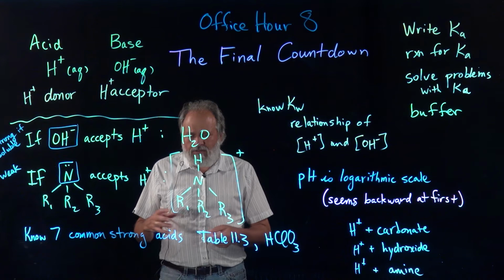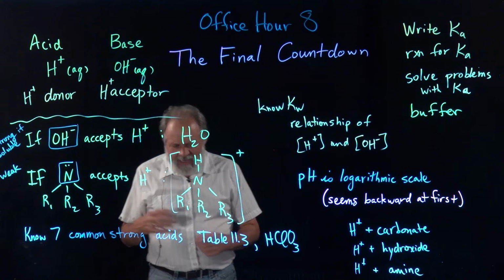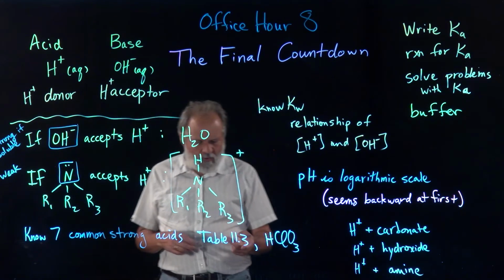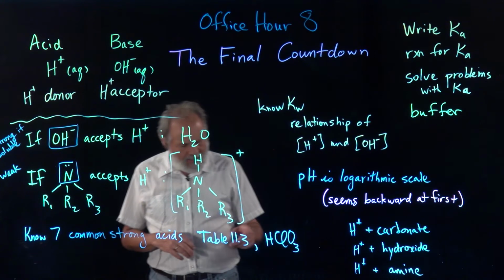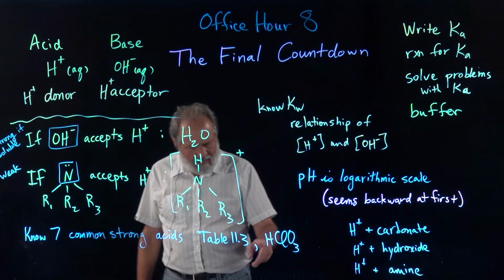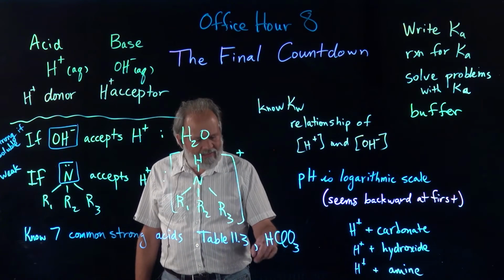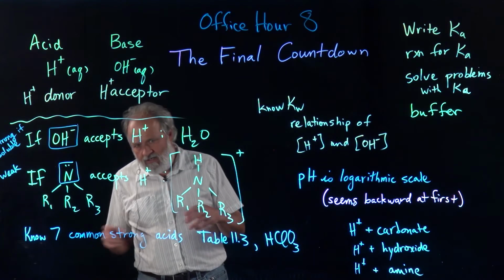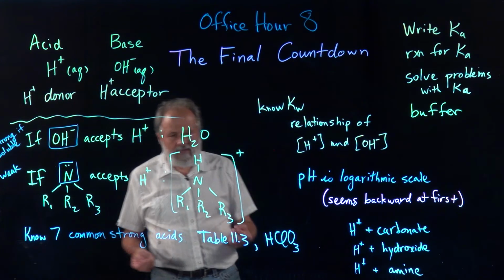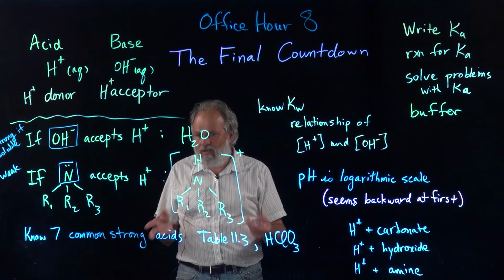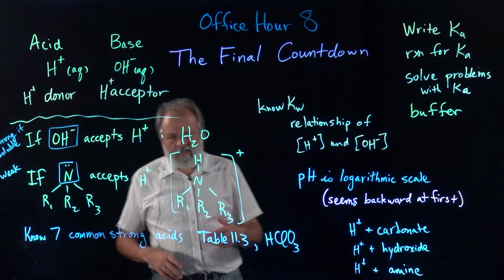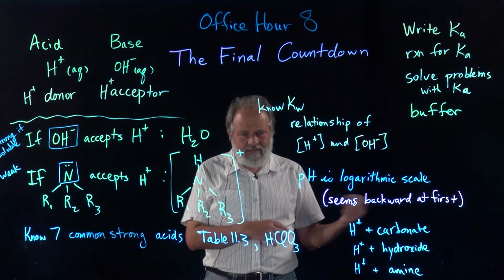The other thing that you need to know is your strong acids, which is in table 11.3. Now in table 11.3, the one that's not in there is chloric acid, HClO3. And the other thing you need to know is how to name these acids. If it's a binary acid with 2 elements, H and then another element, it's called hydro something ic acid.